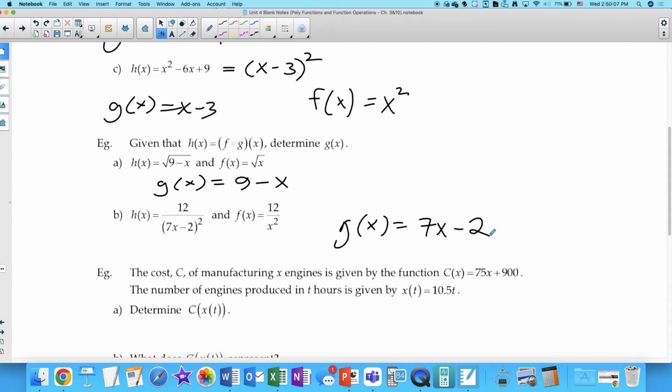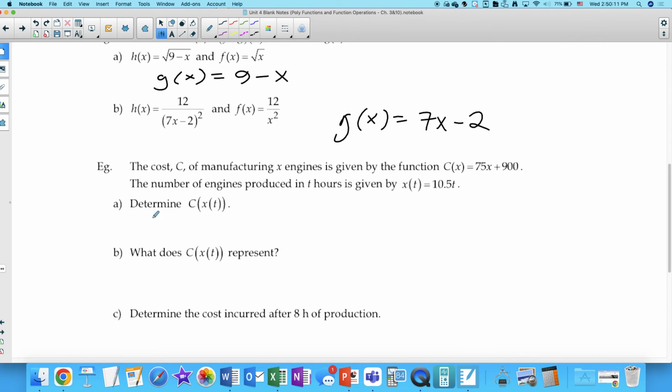What does this represent? Because essentially we're taking a function that depends on a variable x, the number of engines manufactured, and relating it to a whole other variable, time. So we're going to end up with a function that connects the cost to the time, and the number of engines is kind of like the middleman.